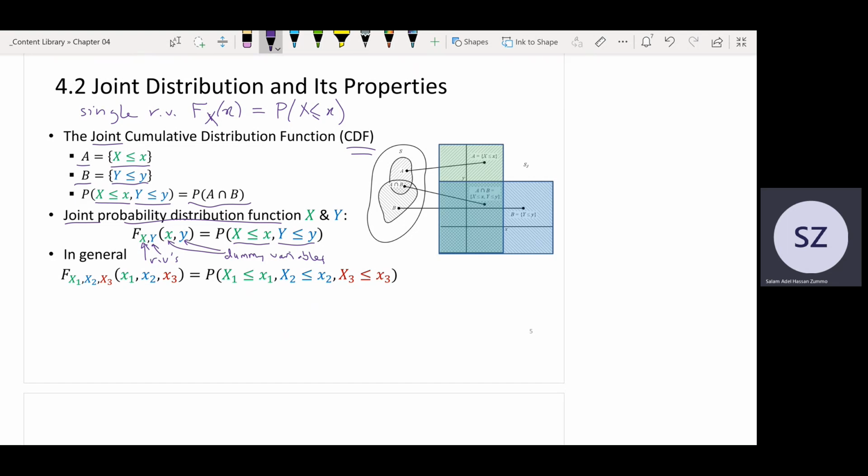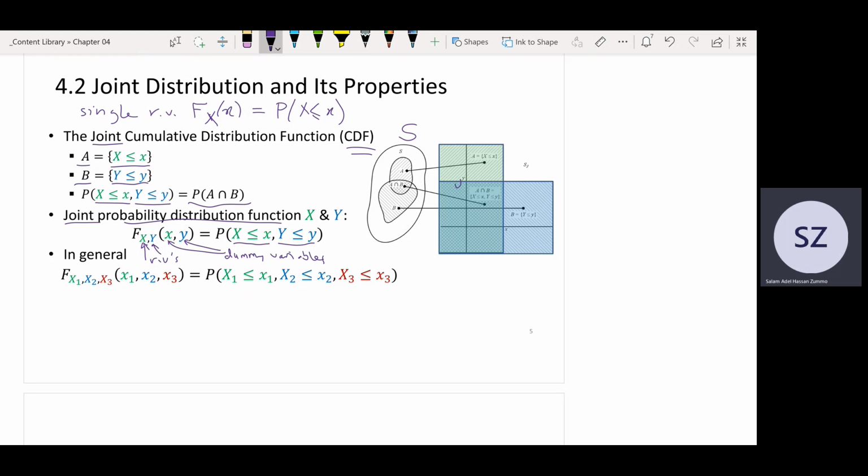Now, if I have this is S, and as we said, every element, every outcome of the experiment is mapped into what? An ordered pair in the plane, right? Every element is mapped into an ordered pair, x1 and y1. S2 is mapped into x2 and y2, and so on. Now, you need to find, for example, A here.